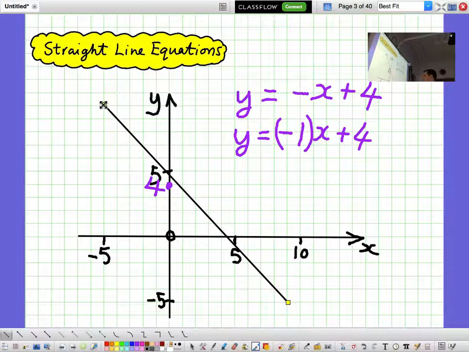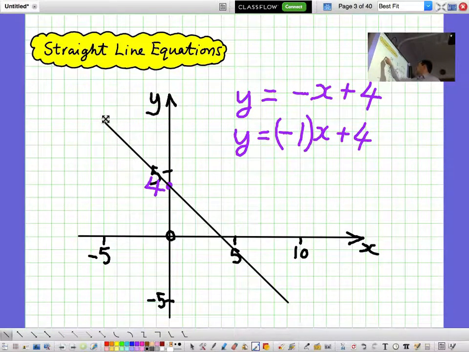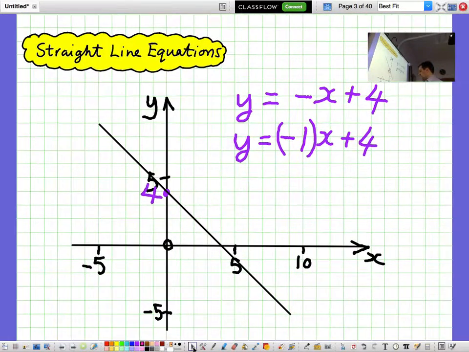Get that in the right place. 1 across, yeah, down there, isn't it? Okay, so cuts at 4, and then because the gradient's minus 1, then for every 1 across it goes 1 down. Again, I'll just label that. I will need to rub something out here, get rid of that.